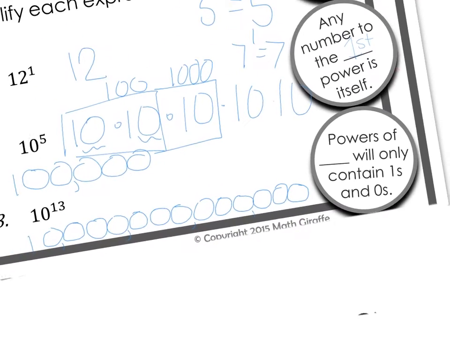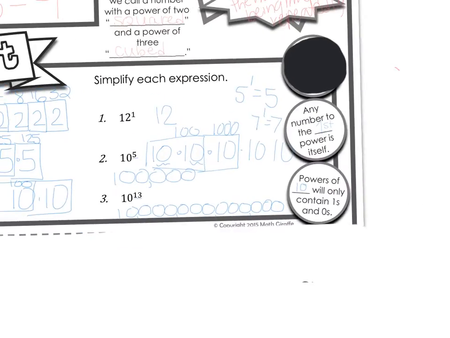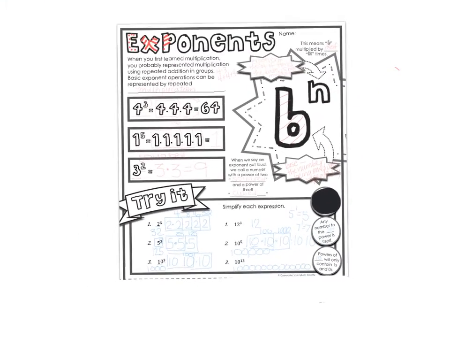And powers of 10 will contain only ones and zeros. And how many zeros? Well, whatever the exponent was. 13 zeros in this case. 5 zeros in this case. Alright, so we've got our notes done here, and we are going to be ready to do some activities and practice tomorrow.